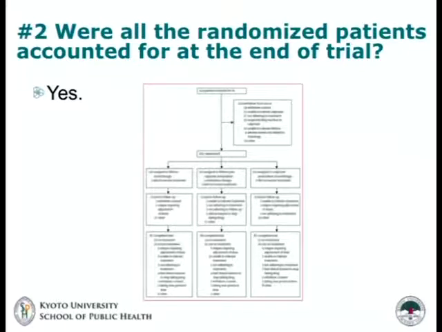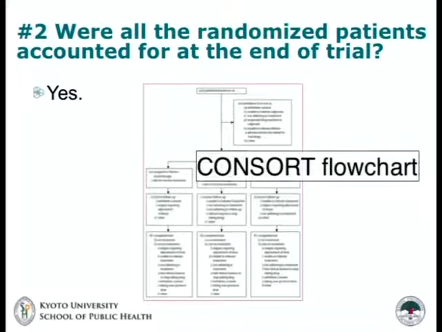This is the so-called CONSORT flowchart, because it is one of the many recommended items according to the CONSORT guideline for reporting RCTs. The CONSORT flowchart is really informative and shows the fate of all the randomized participants.